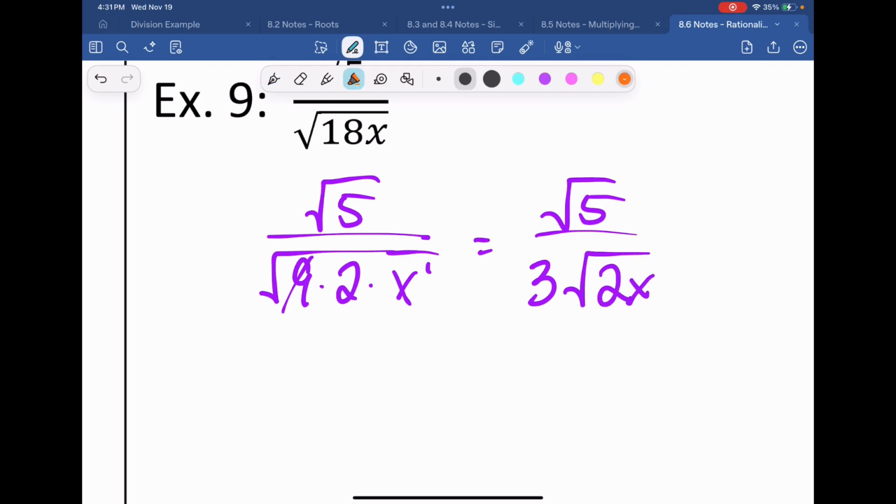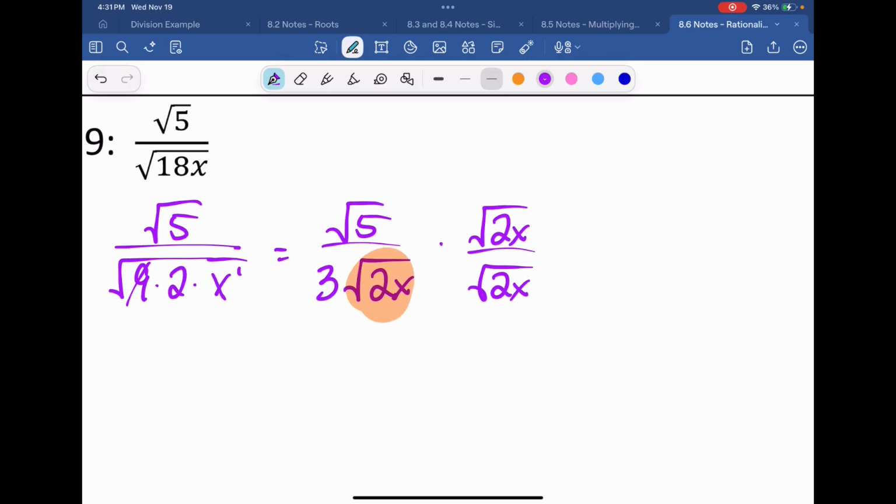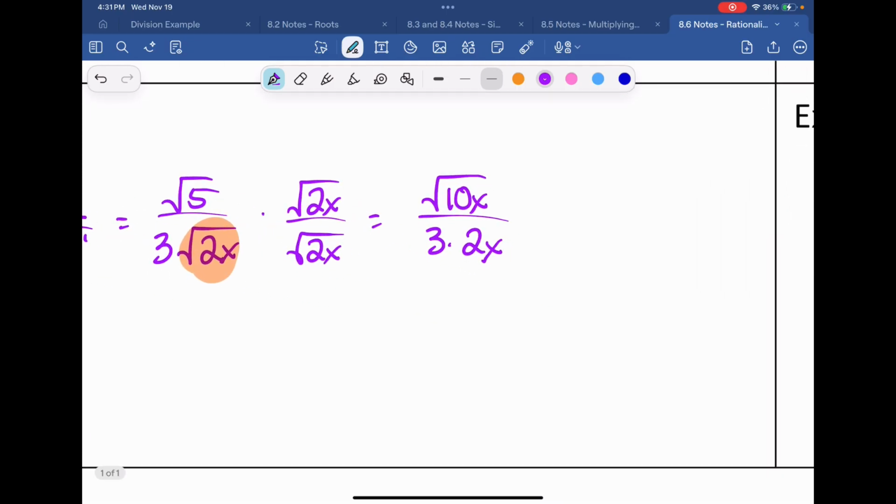So that is the root that I'm going to multiply by. So that is going to give me root 10x over 3 times 2x, which is 6x.